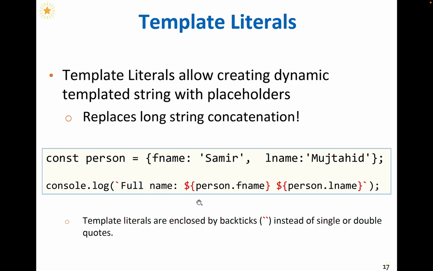The variable names that you want to put in your string are written, like in Python, with a dollar sign and curly brackets, so that you can put a placeholder for variables in your strings. It is an easier way to print messages that contain the values of variables.